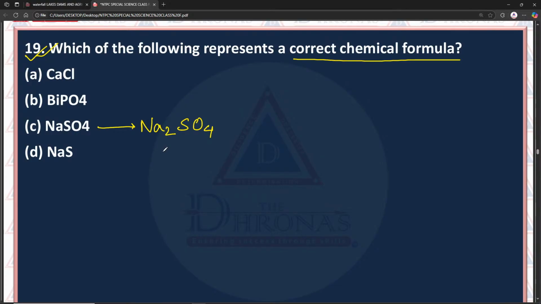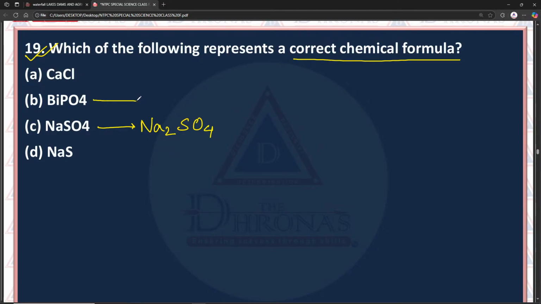Any other guess? Correct. B, calcium bisphosphate.